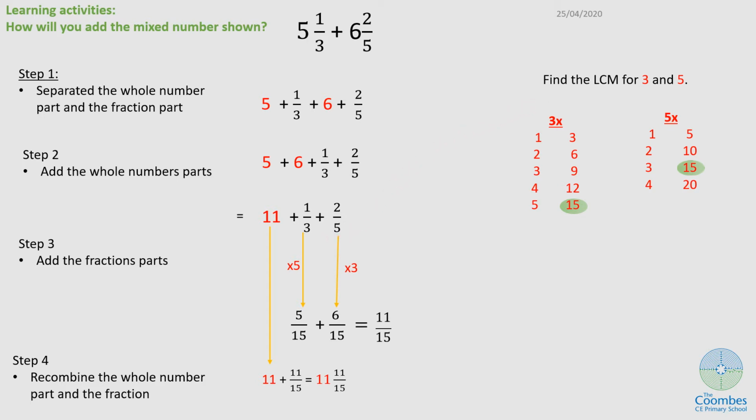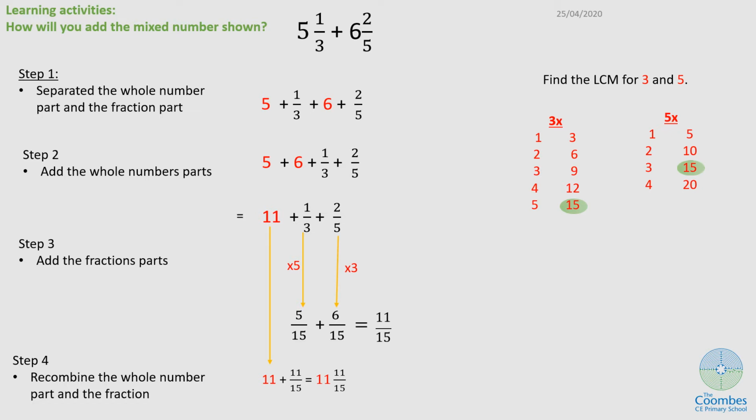To add these fractions, first we have to find multiples of the denominators. That's multiples of 3 and multiples of 5. So if I have my multiples of 3, it's just a 3 times table. So 1 times 3 is 3, 2 times 3 is 6, 3 times 3 is 9, 4 times 3 is 12, 5 times 3 is 15.